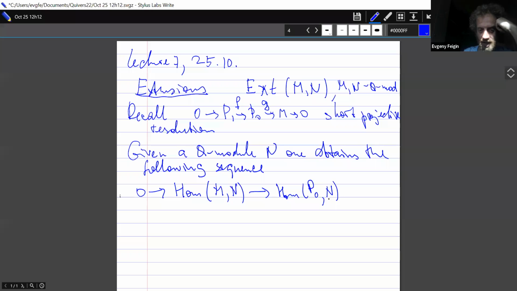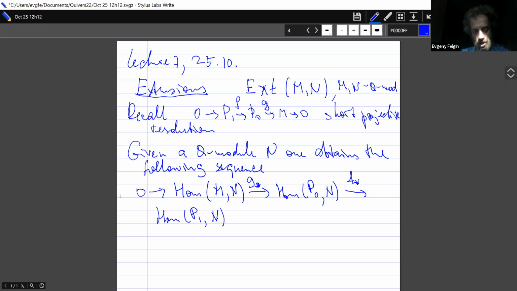This map is nothing but G lower star. It is a very concrete map: you just consider the composition of G with the homomorphism from M to N. Then we proceed with the map F lower star to Hom(P1, N). This is all fine.